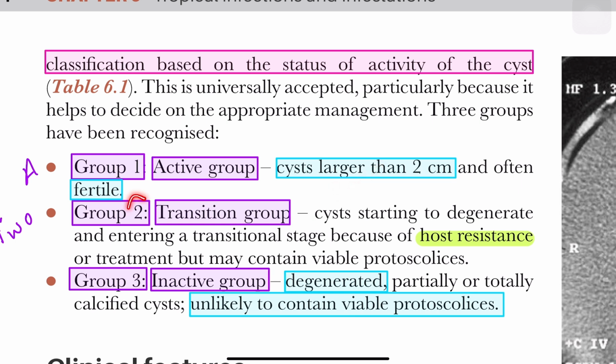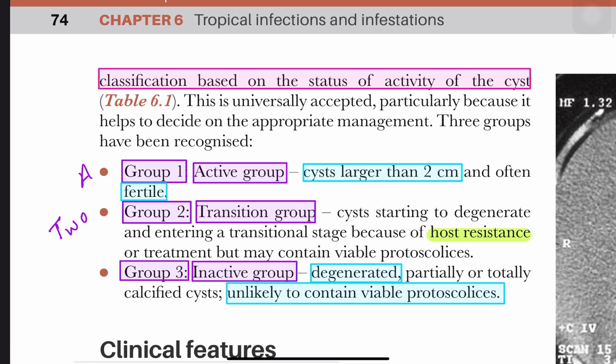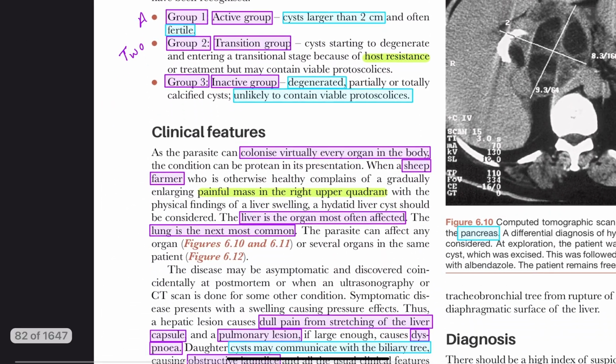Group 2 is transition, and group 3 is inactive, degenerated or calcified, unlikely to contain viable protoscolices.